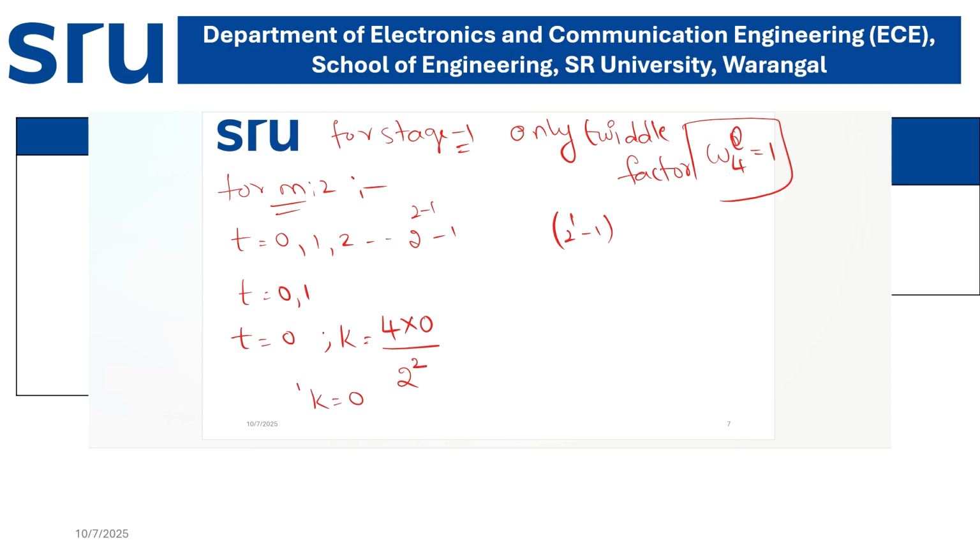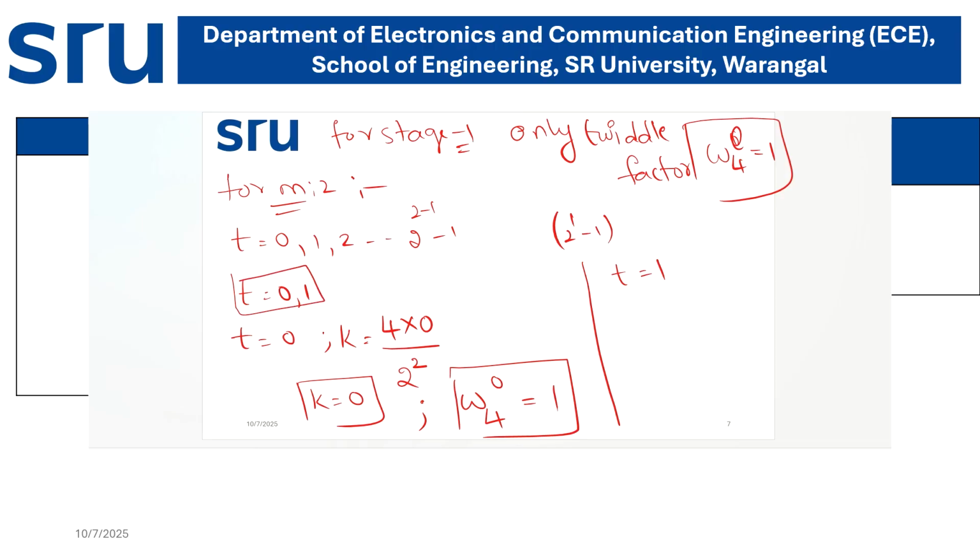Therefore, k is equal to 0. If k is equal to 0, then twiddle factor is omega 4 power 0, that is equals to 1. Now for t is equal to 1, for stage 2, 2 t values we have, therefore 2 k values should be there. If t is equal to 1, the k value is 1.